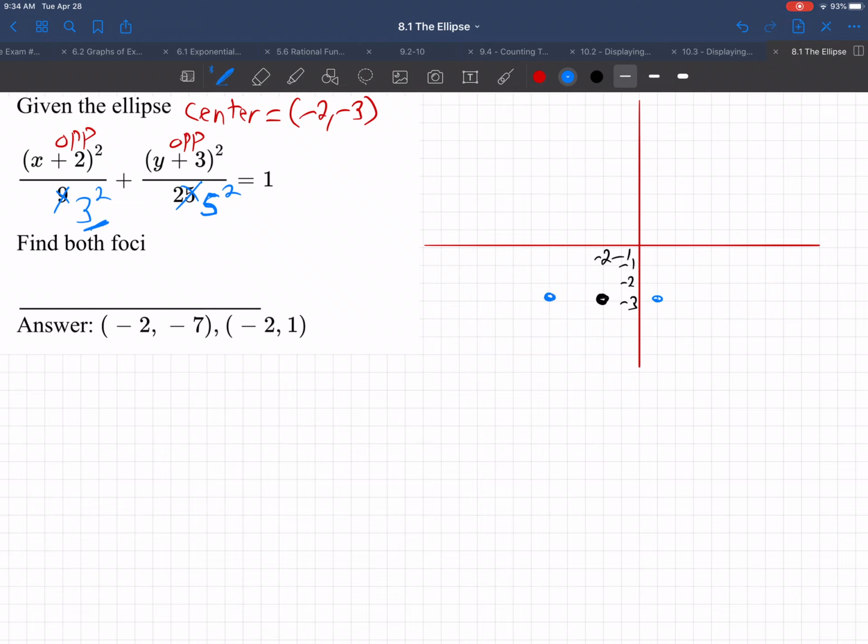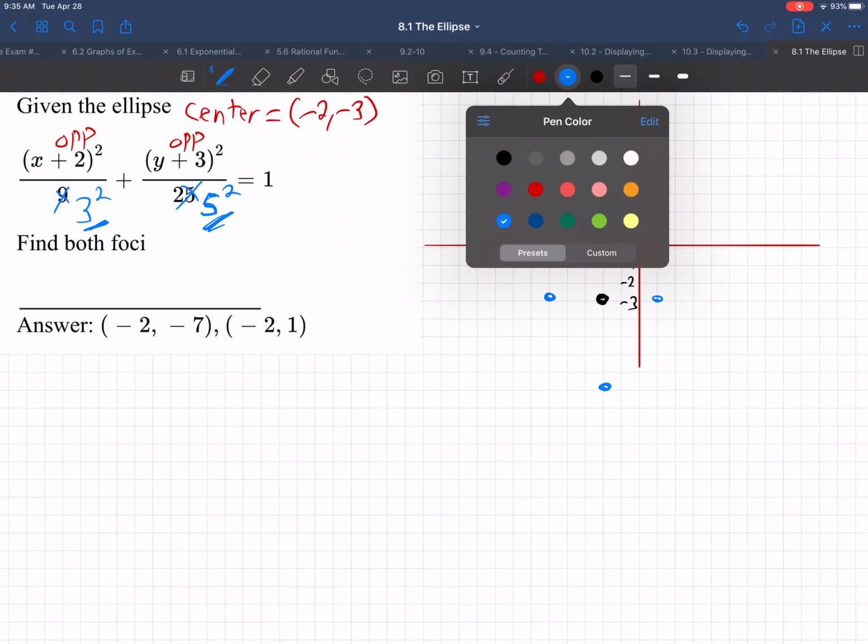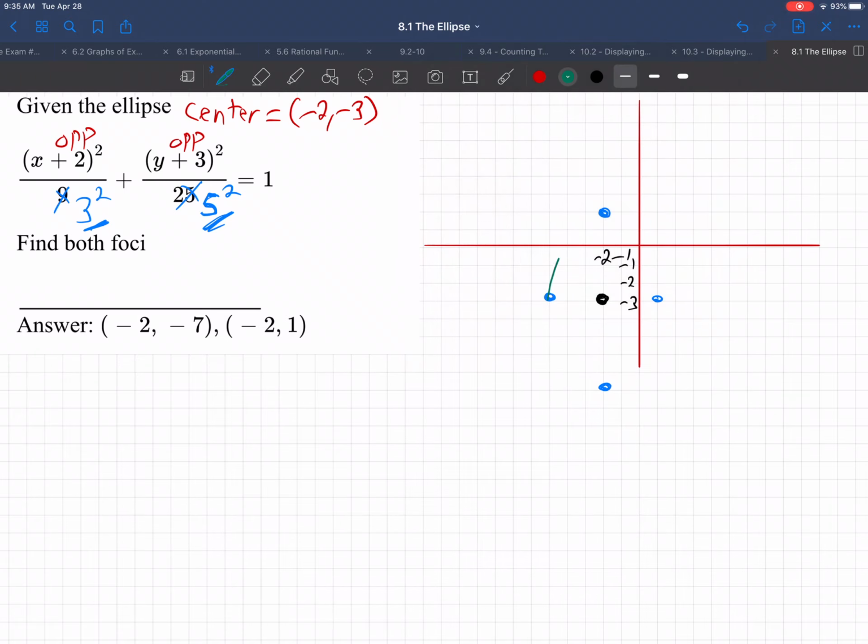And then whatever's underneath y is up and down, so up and down 5. That'd be right here: 1, 2, 3, 4, 5 up, and 1, 2, 3, 4, 5 down. Let me put that right there. So there's our ellipse. Let me draw it. It's egg shape.